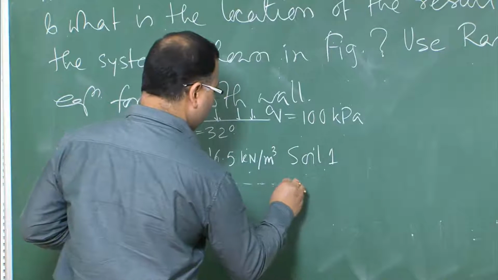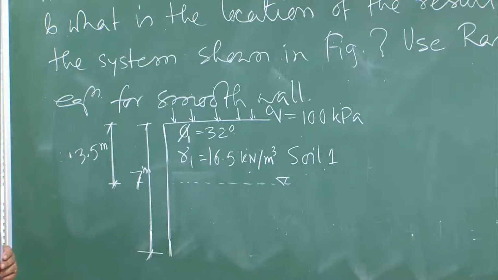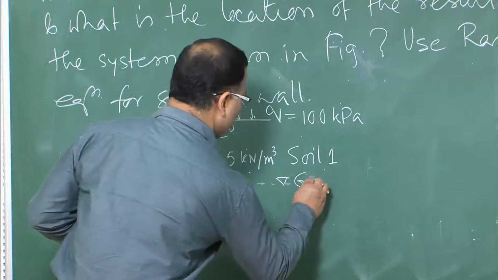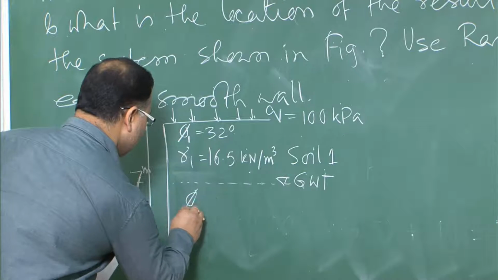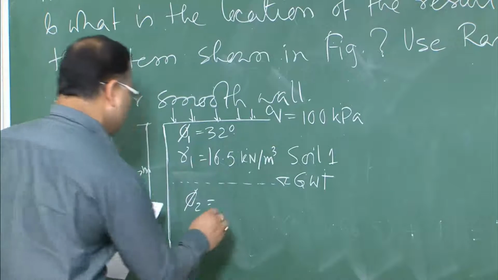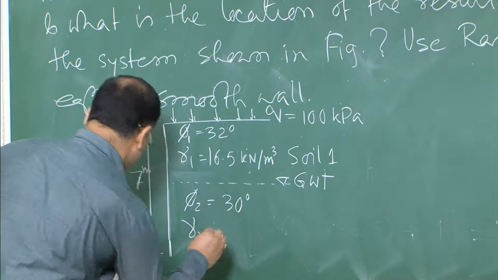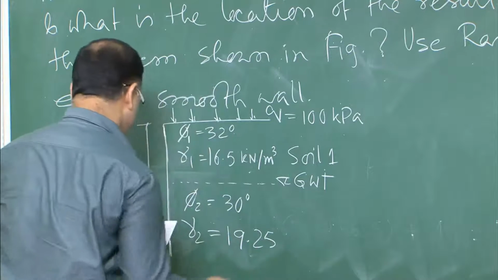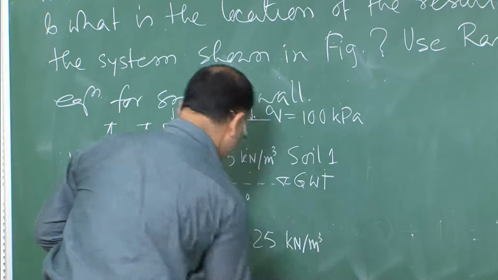You have the water table which is at this level, at the mid depth of the wall. This is your ground water table and the soil 2, which is having the property phi 2 equal to 30 degree and gamma 2 equal to 19.25 kilonewton per meter cube.